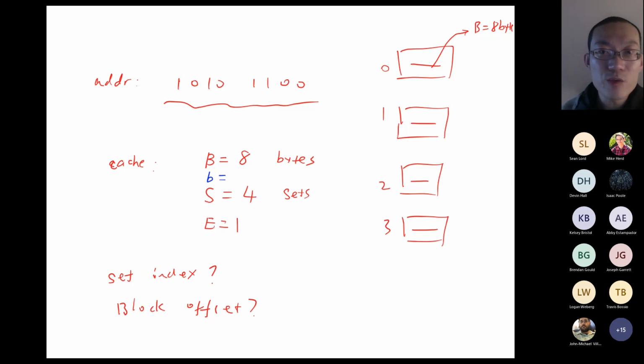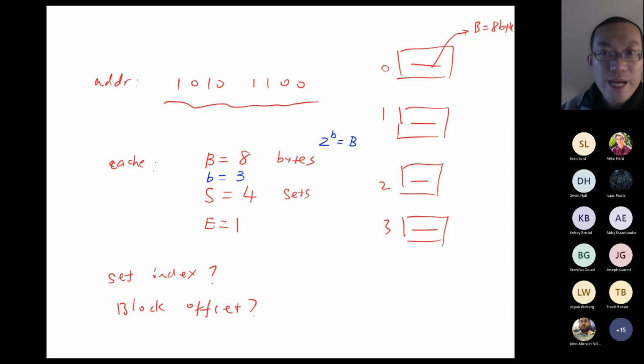So we have the equation 2 to the lowercase b equals capital B. For 8 bytes, if you don't want to use a mathematical way, you can think about it this way. The block offset should be any number between 0 and 7, and in order to denote any number between 0 and 7, we need at least 3 bits. So lowercase b should be 3.